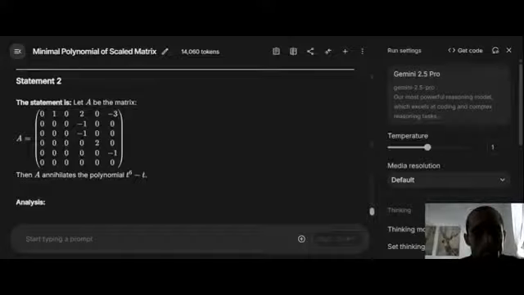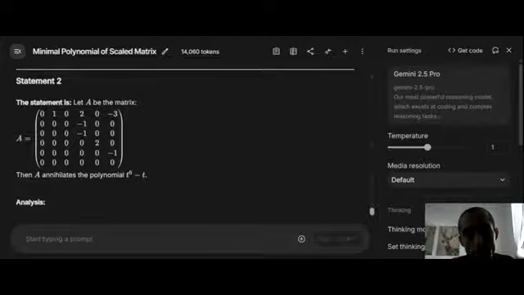Uh, no, I don't think this is true. I really don't think that this is true. I think this is not true.